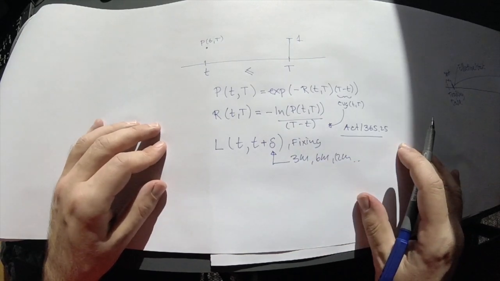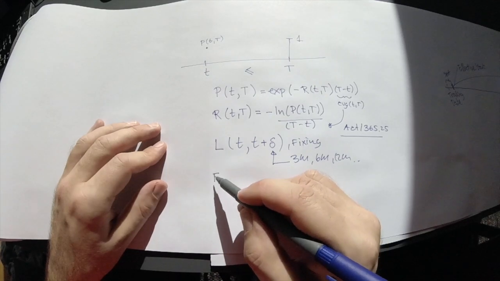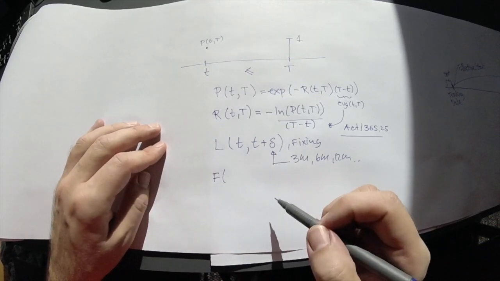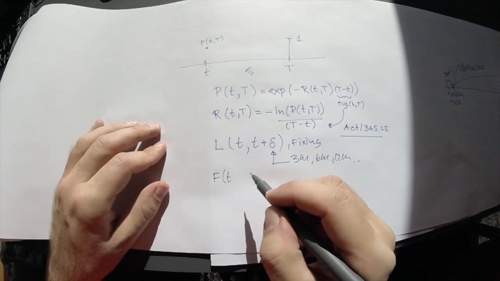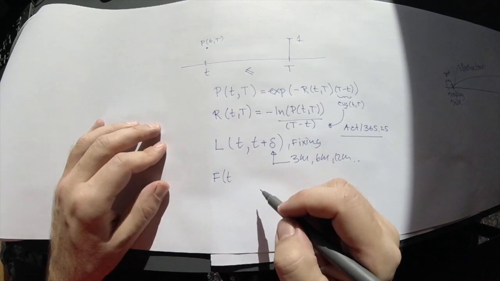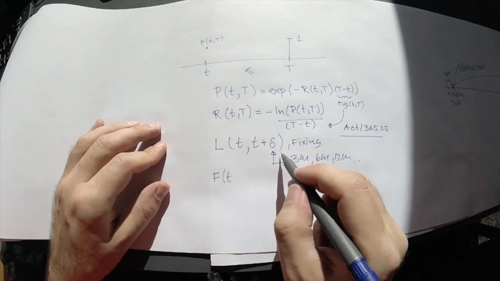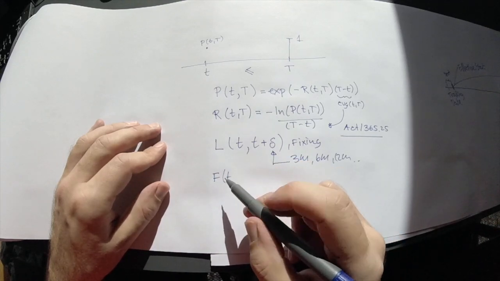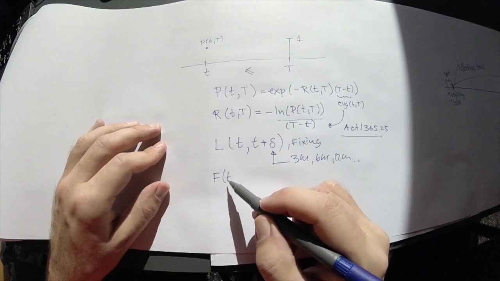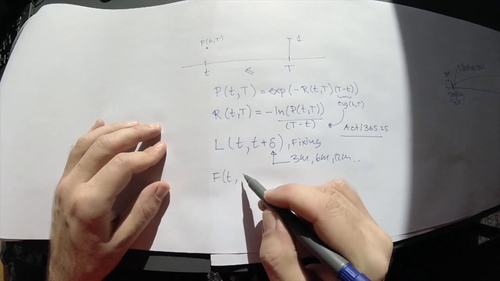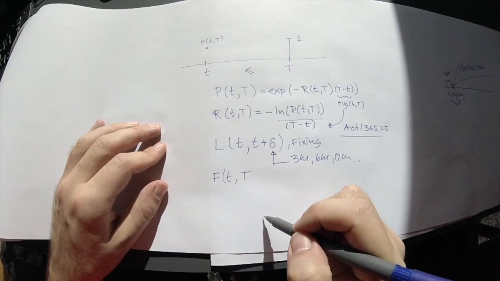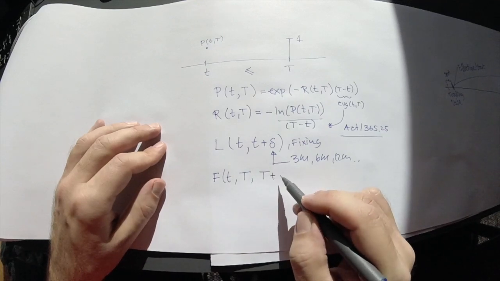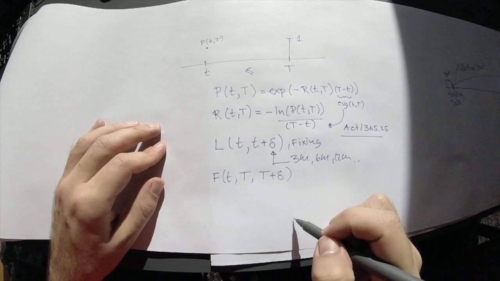What we could also care about is what is the market willing to trade this future fixing at today, and we would call that the forward LIBOR rate. So for the same fixing, if I looked at an earlier time, we could call the forward LIBOR rate observed at time t for the rate accruing between capital T and capital T plus some length.